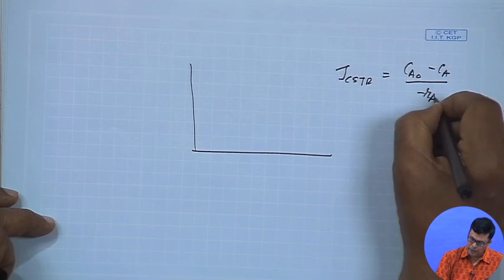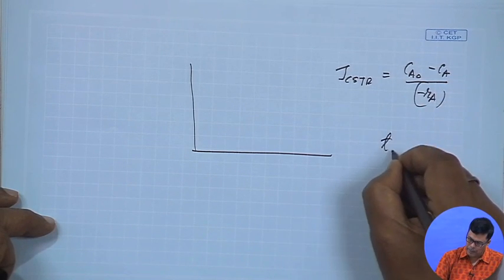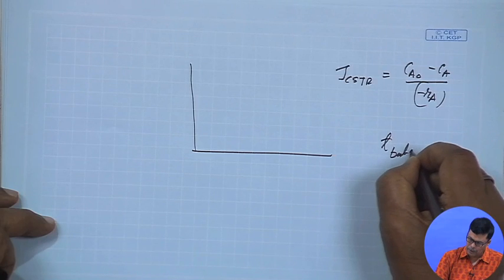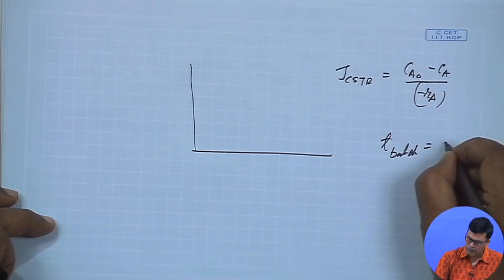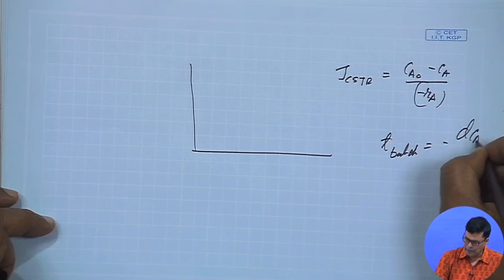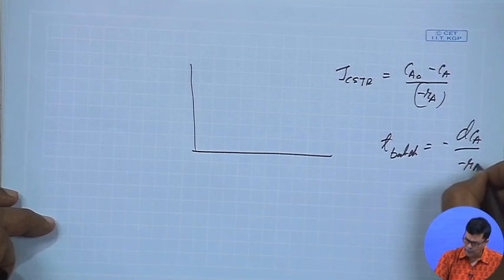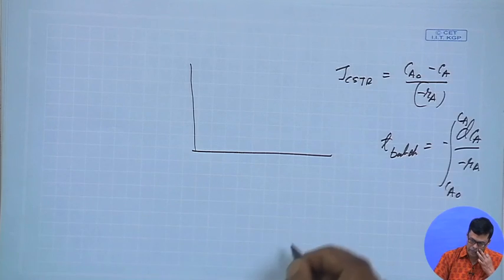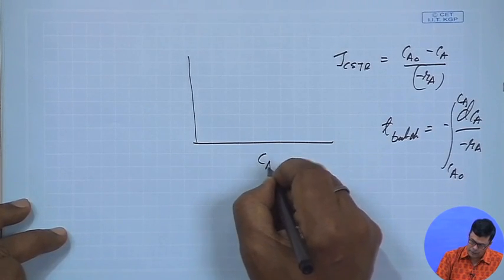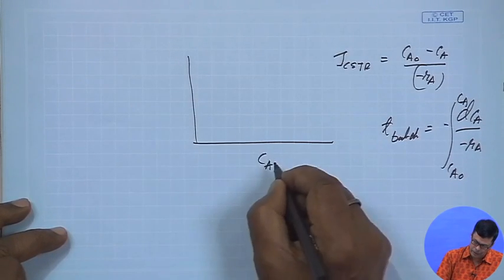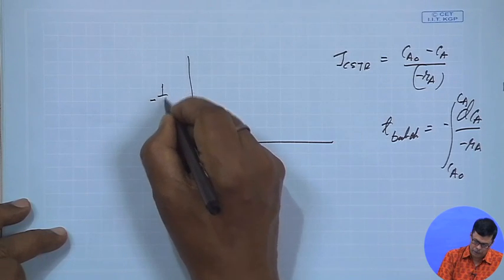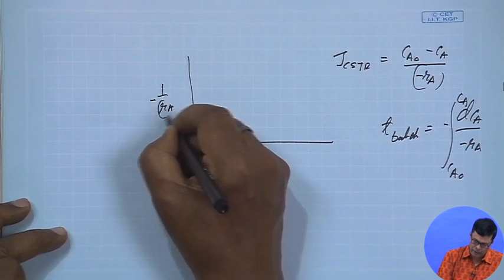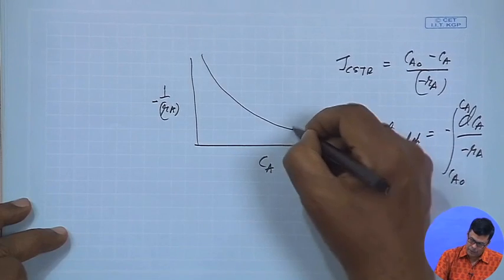And in the batch process, we derived this equation: minus dCA by minus RA, equal to CA0 into... Now suppose this is CA and this is minus 1 by RA. You have this kind of plot.